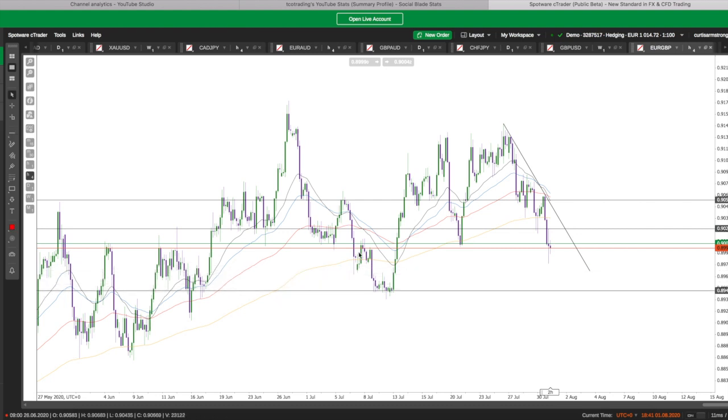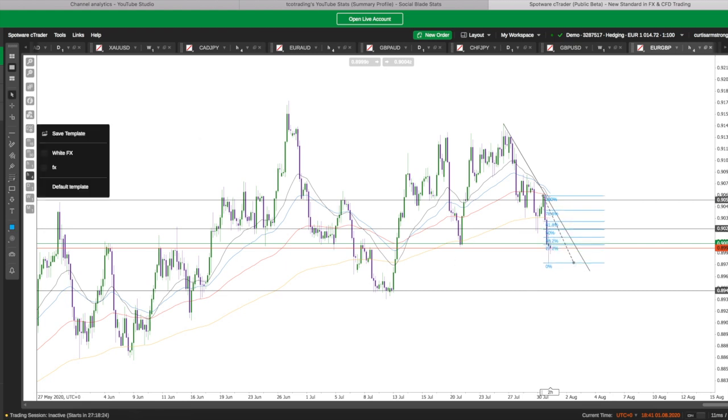Use that one there. We don't want two key levels too close to each other. So we do have this key level here crossing with this trend line on this 4 hour. So what we can also do is put in this Fibonacci. Just zoom in a little bit.